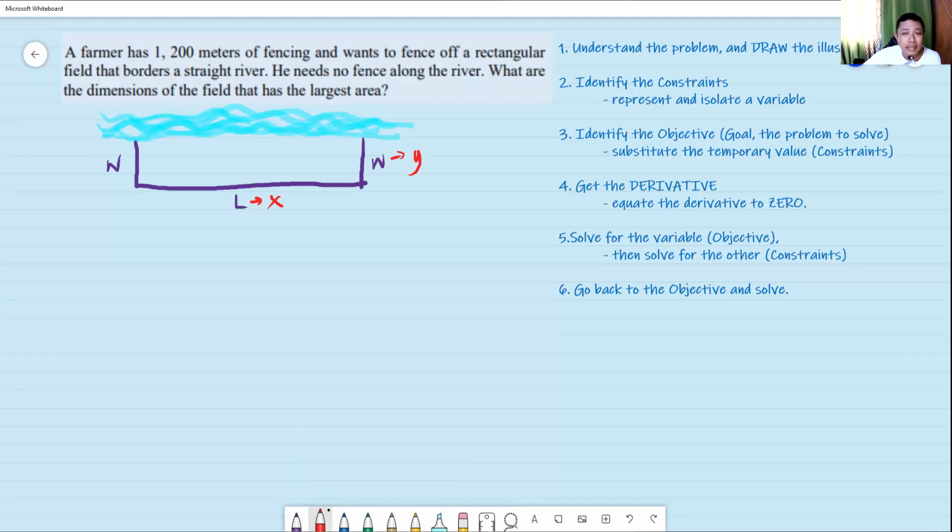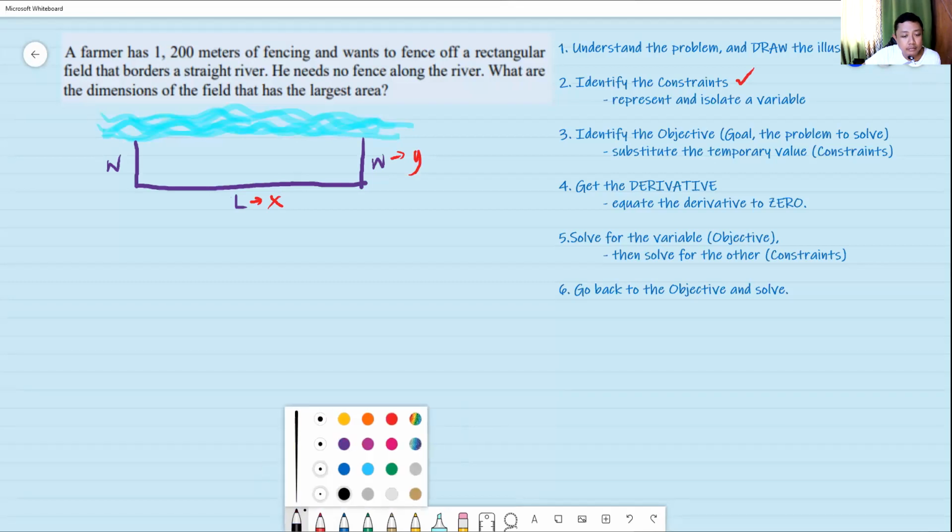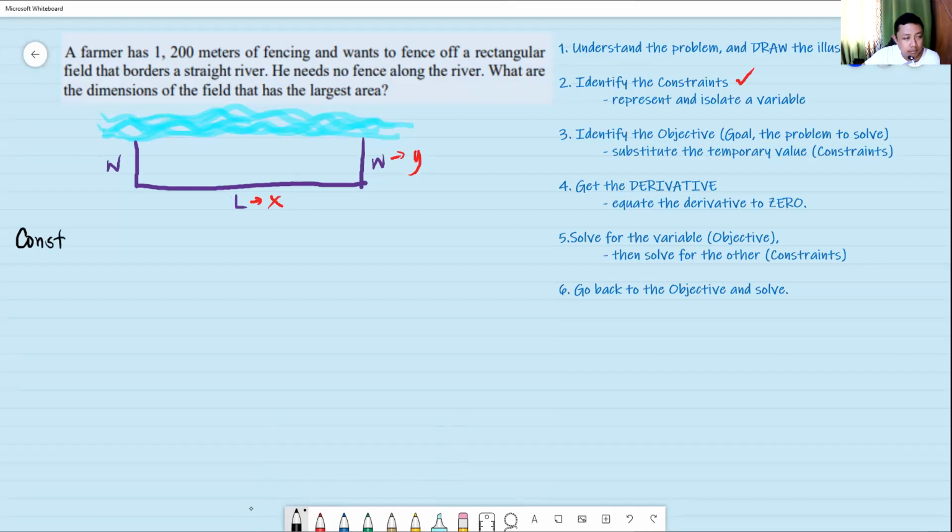And so, let's now do these constraints. Our constraints will be the perimeter, of course. And what will be the formula of your perimeter? Type it in the chat box.